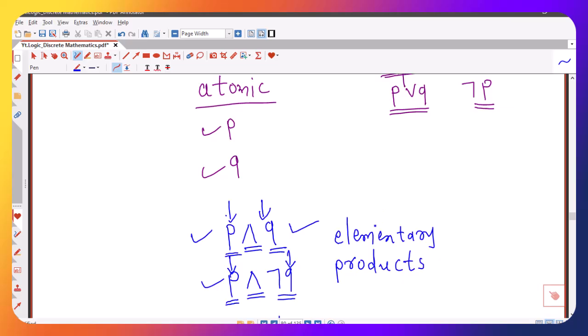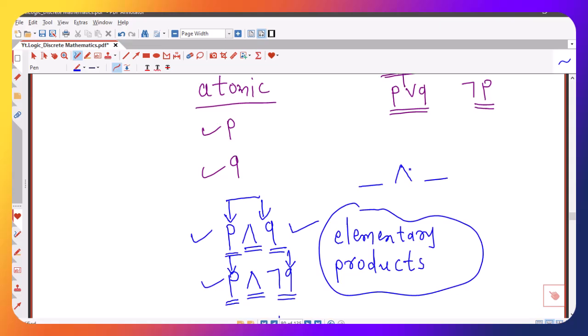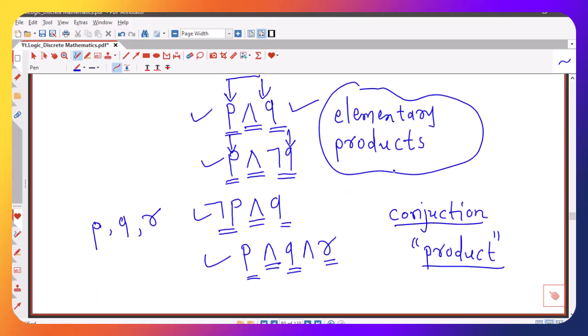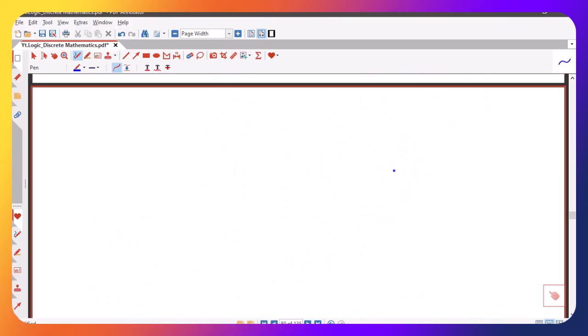So an elementary product is a conjunction of variables and their negations, using the AND operator, and here either a variable or its negation is allowed.